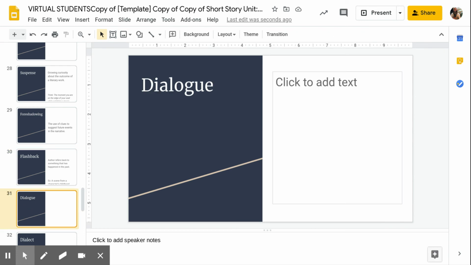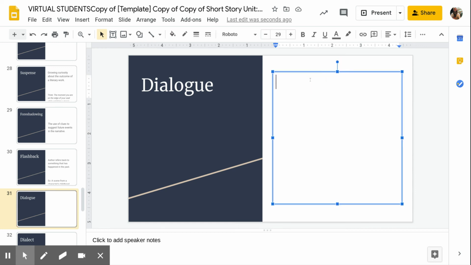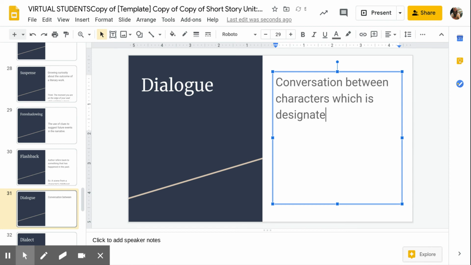Dialogue. Dialogue is a conversation between characters which is designated with quotation marks in a story.